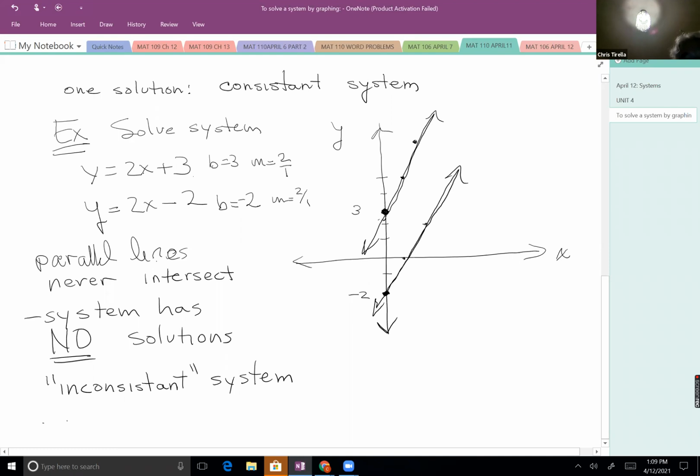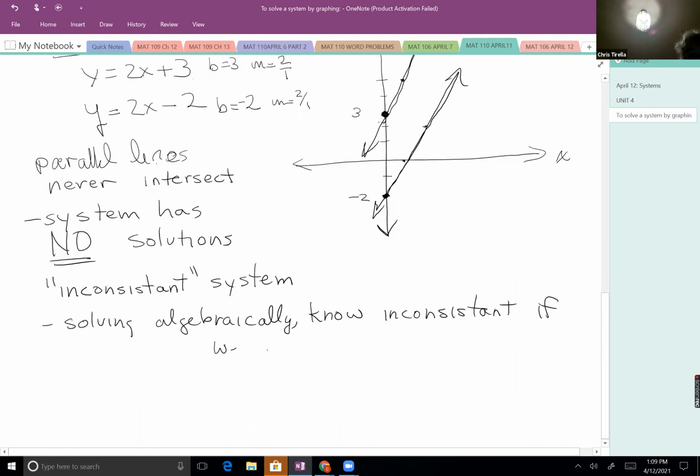Instead, if I were to solve algebraically, we'll know something's inconsistent if we get a false statement. What do I mean by a false statement?